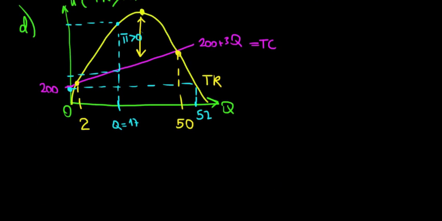But what is the total cost at that value? At 52, the total cost goes higher, it goes over there. So this point is above the total revenue. This difference is negative because we have total revenue minus total cost. The total cost is higher, and if the cost is higher, that means the profit is negative. I hope this makes sense. We are done.